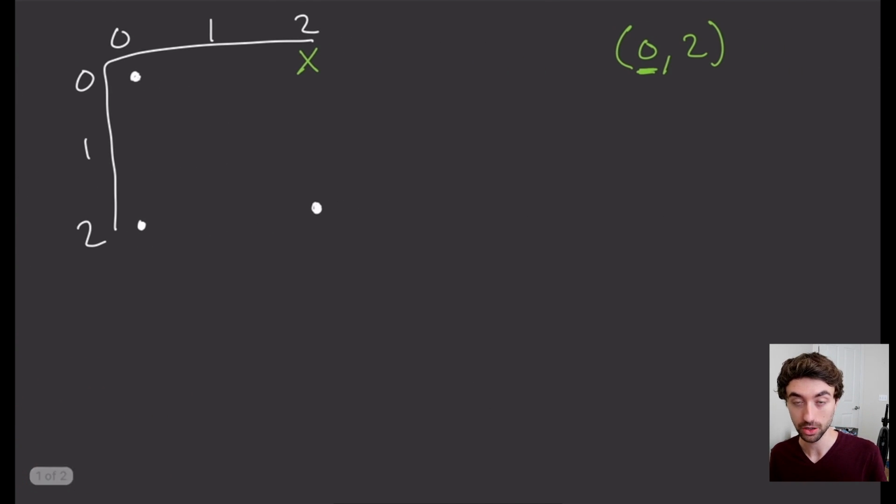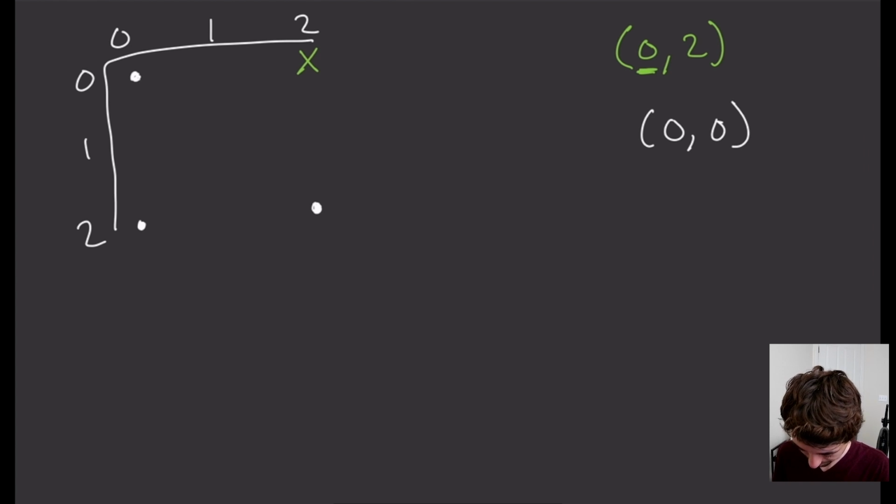So we look up 0, and we get all the points that have a 0 as the x value. In this case, we would get 0, 0. So now we have 2 points, 0, 2, and 0, 0. They're in the same row, so we know that they are axis aligned so far because they're parallel with the x-axis.